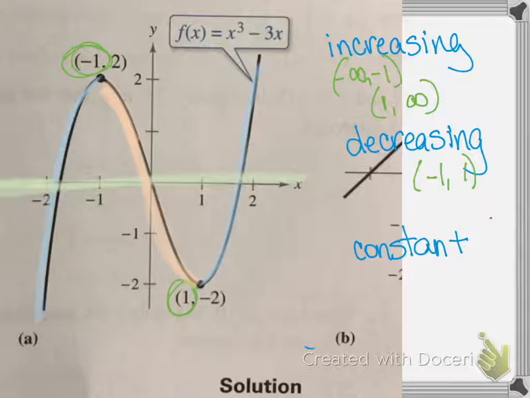Now, does this graph have a constant? No. Our other one did because we had a horizontal line. This one doesn't, and sometimes you don't. Good job. And you can write none under constant if you want to.